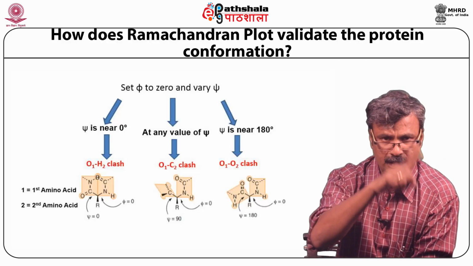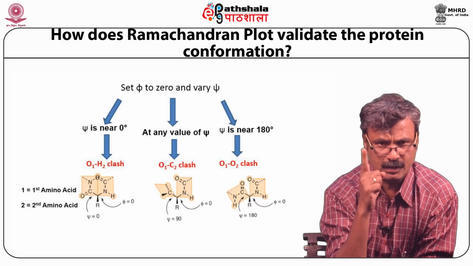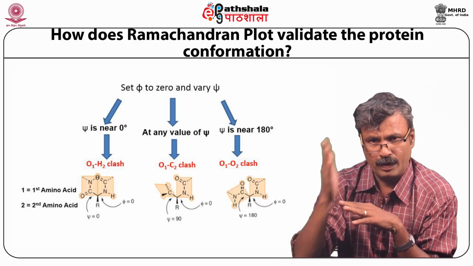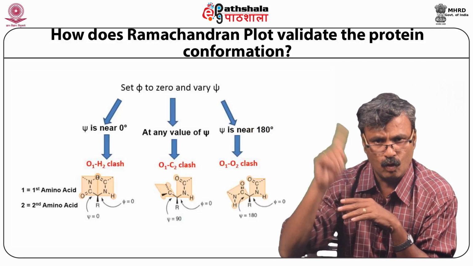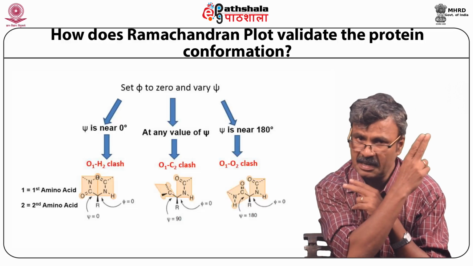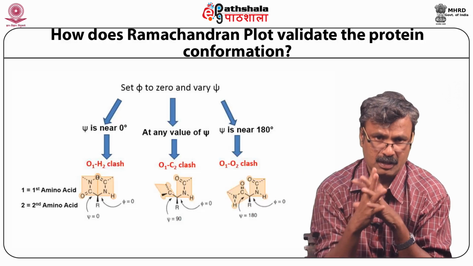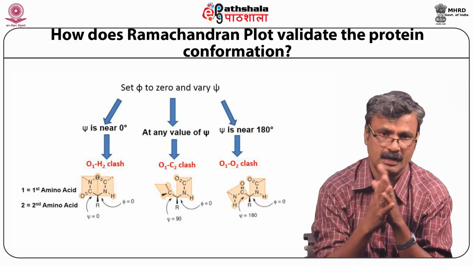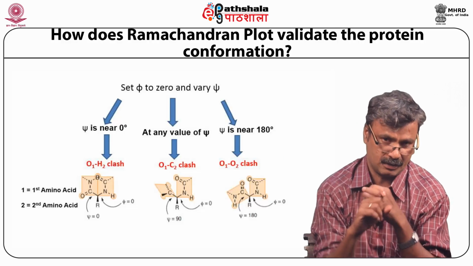So, when both phi and psi are 0, we get O1 and H2 clash. In this case, when phi is near 180, O clash is happening. But anyway, all these clashes are sterically increasing the energy. So this kind of phi-psi combination cannot exist for steric reasons, energy reasons.